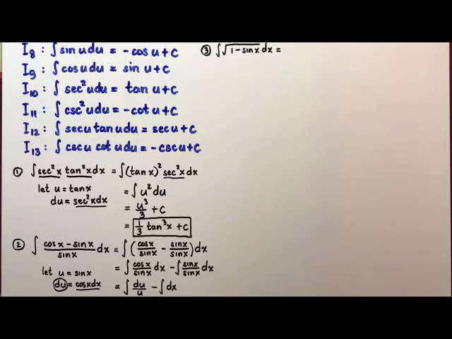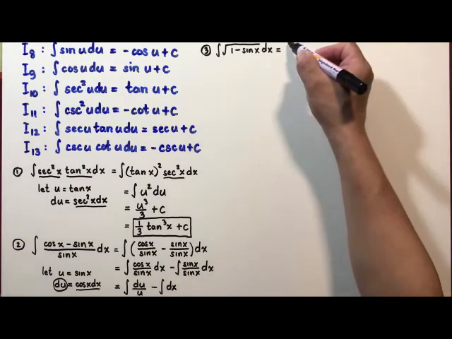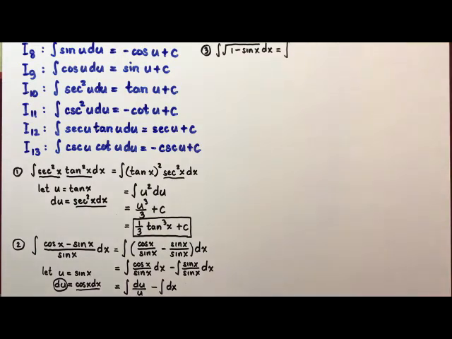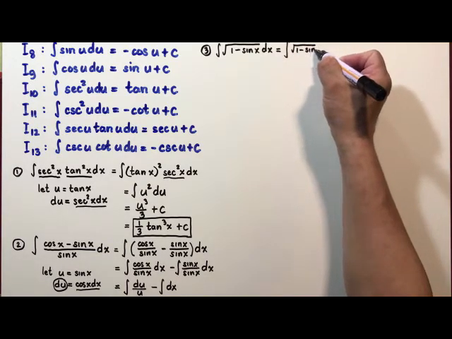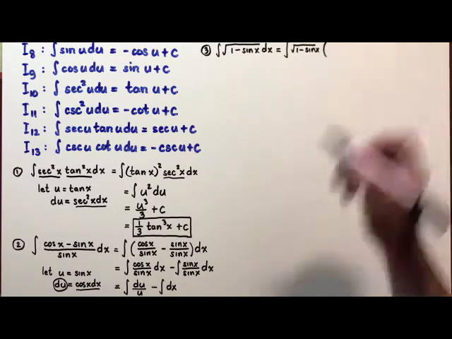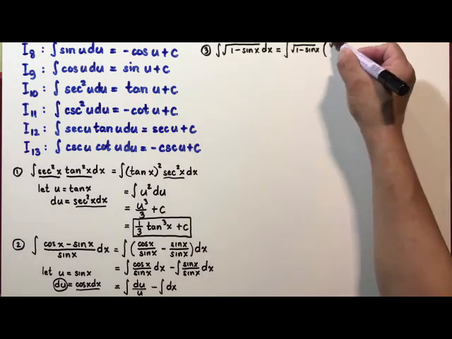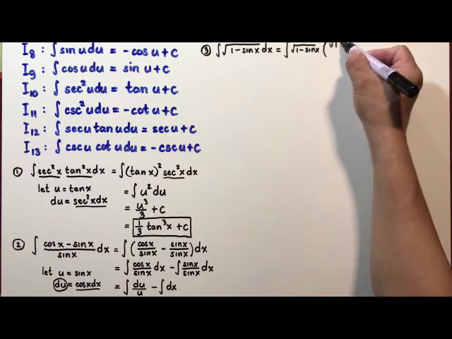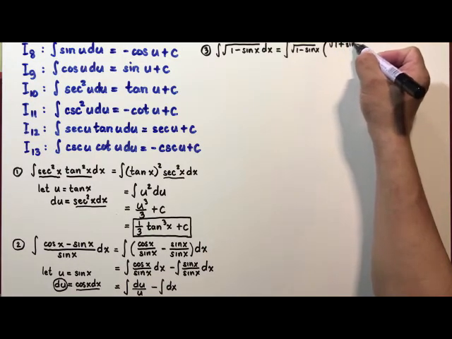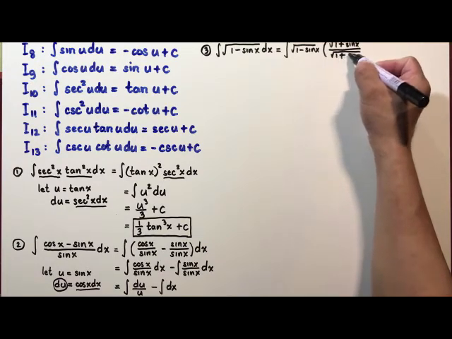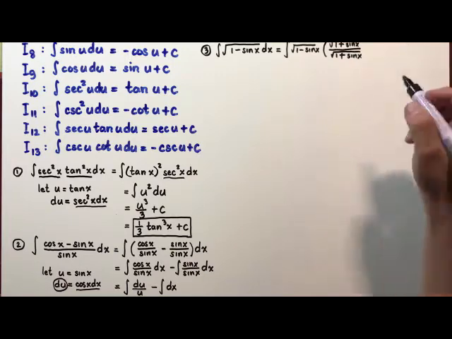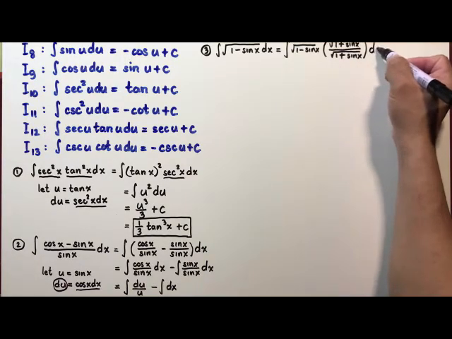So what you will do is apply a little algebraic manipulation here, that maybe we can apply rationalization in this part, that the integral of the square root of 1 minus sine x can be multiplied by the square root of 1 plus sine x over the square root of 1 plus sine x, and then dx.